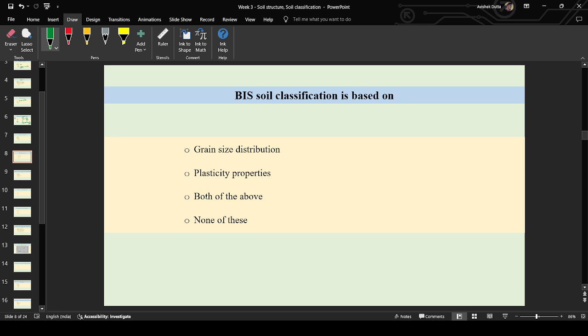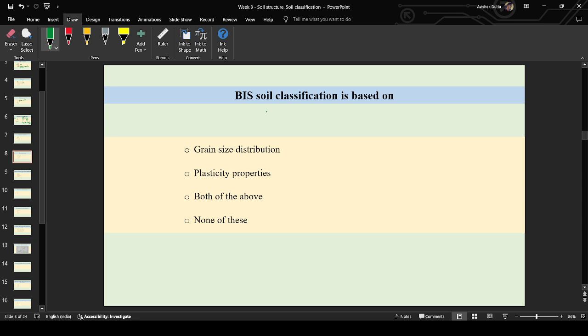In that chart, the soil is separated based on plasticity properties. Soils having low plasticity, medium plasticity, and high plasticity are divided by the A line and two vertical lines. I'll show you the graph. So yes, the answer is right.